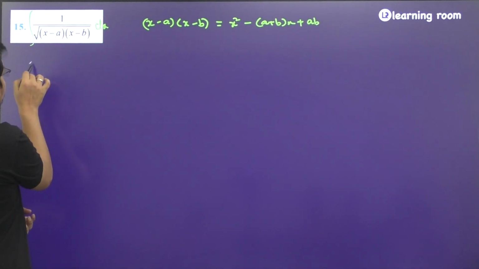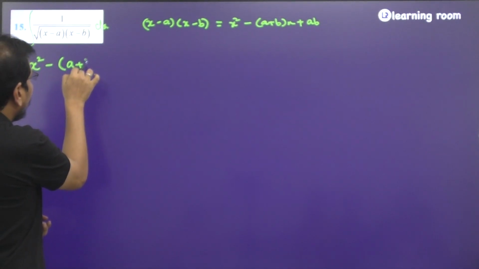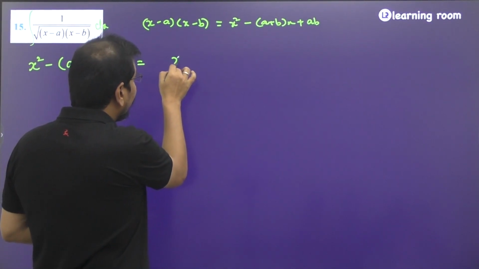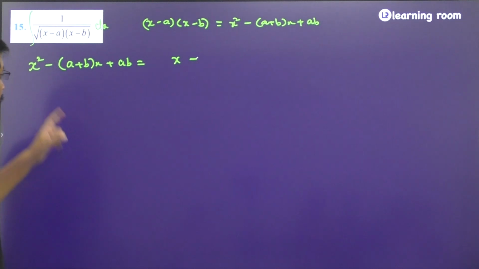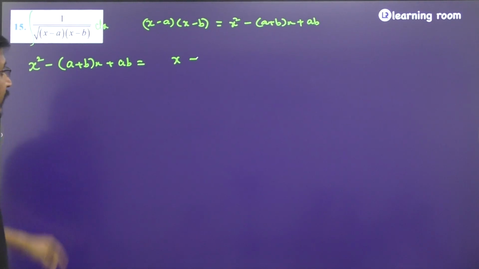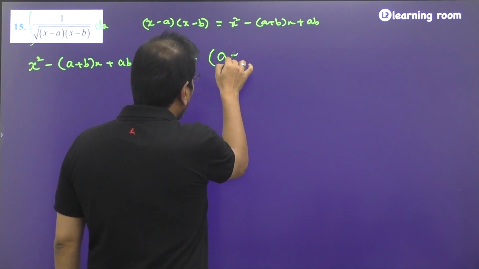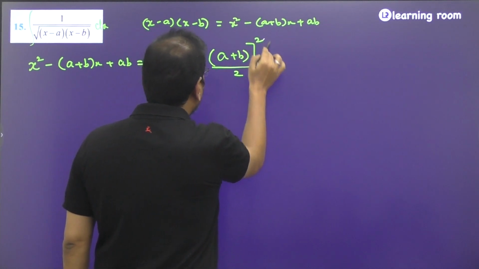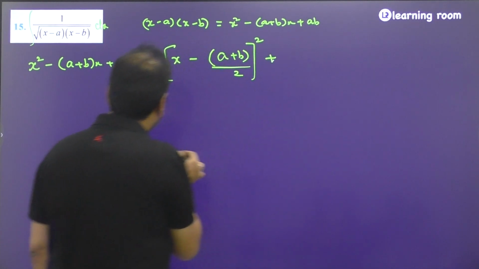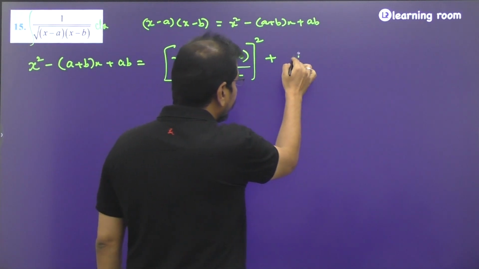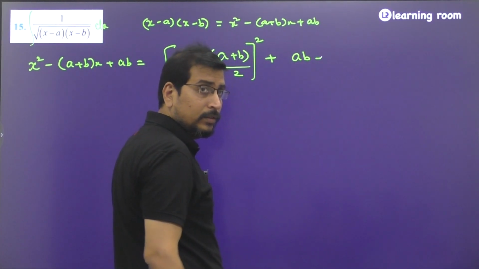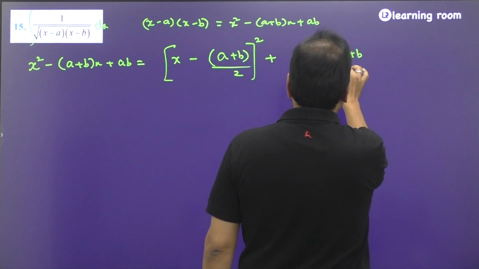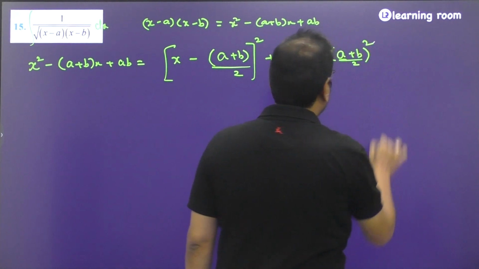So I have x square minus (a plus b) into x plus ab. Can I write this as x minus (a plus b by 2) the whole square, plus ab minus (a plus b by 2) the whole square?